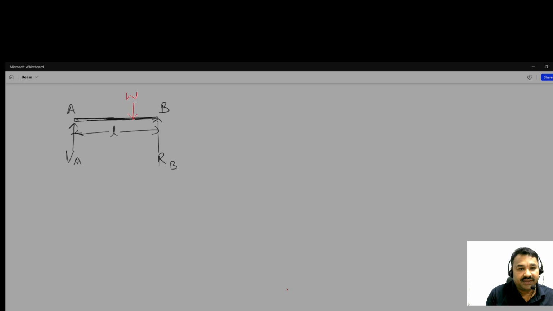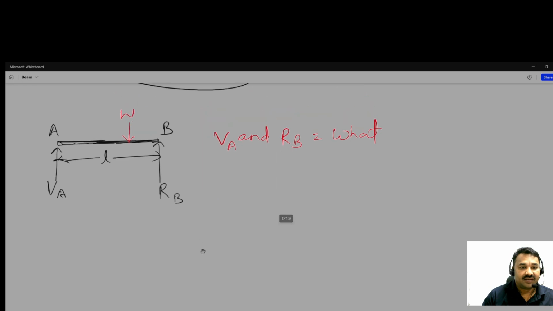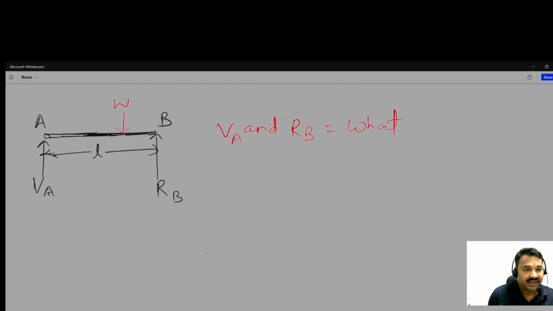So what will VA and RB be? It is very easy. Suppose the load is at a distance a from A, and from the point load to B, it is b distance.